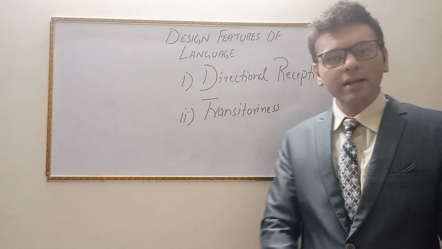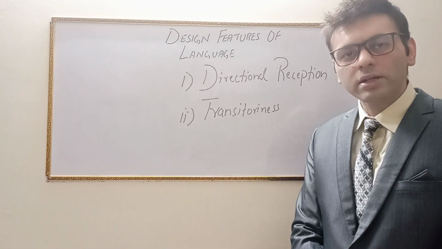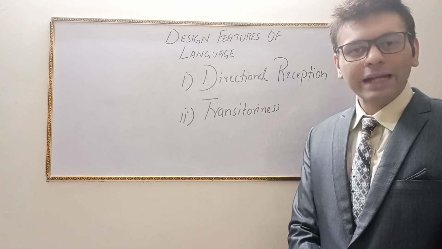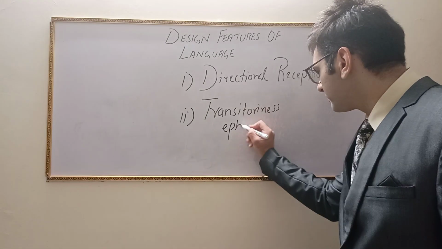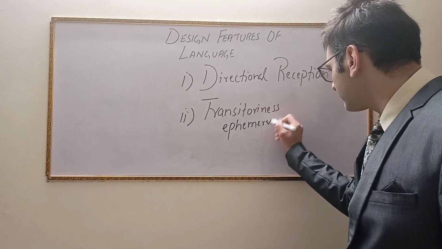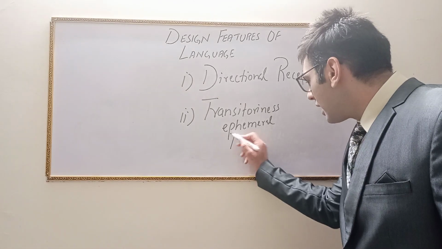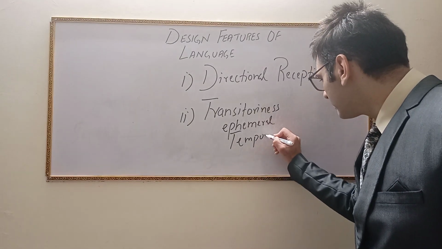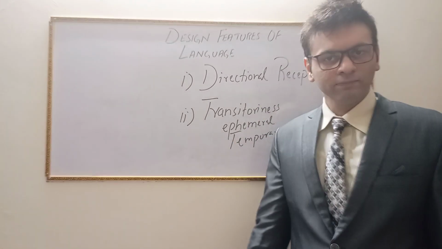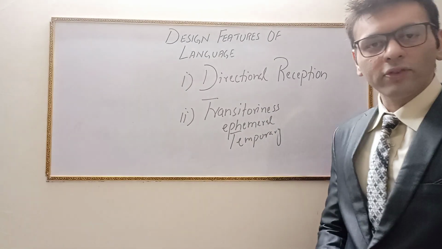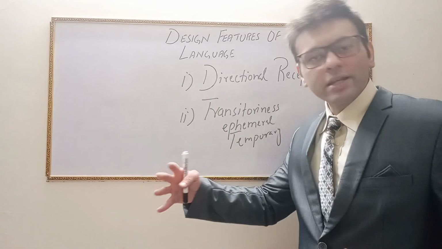The second design feature that I'm going to explain is transitoriness. It means that language is ephemeral. Ephemeral means that language is temporary. Now, you must remember one thing, that writing came quite recently.